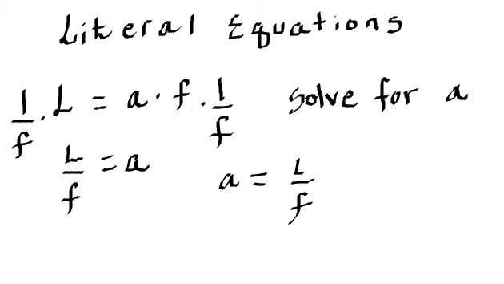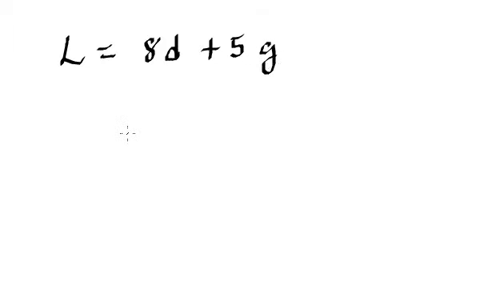Okay, let's look at some others. Let's say that L this time is equal to 8D, or 8 times D, plus 5 times G. And in this particular one, we want to solve for D. I just shorthanded this over here.